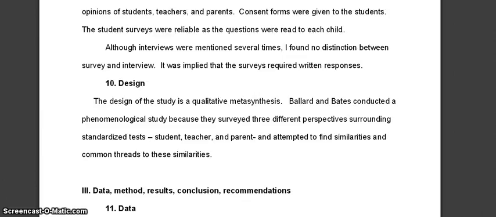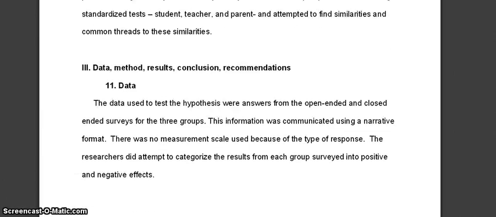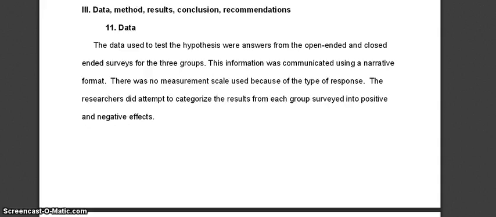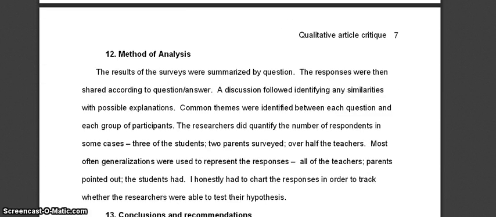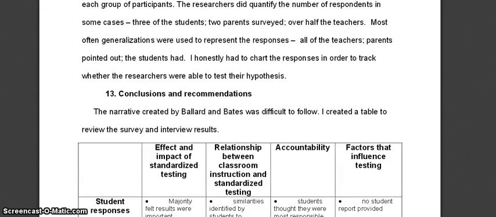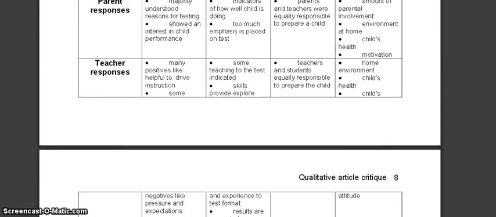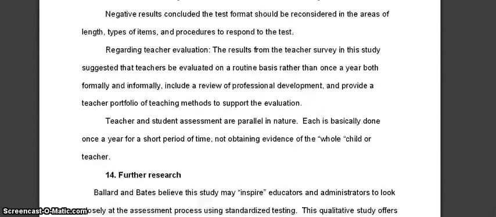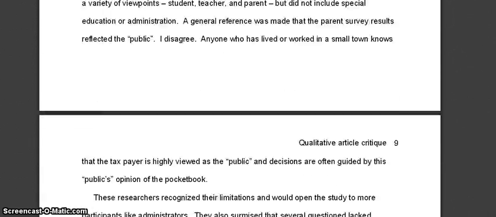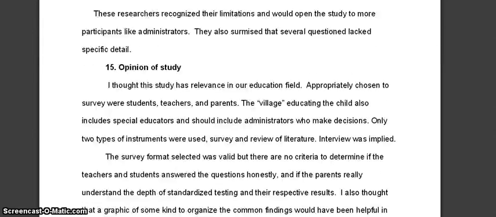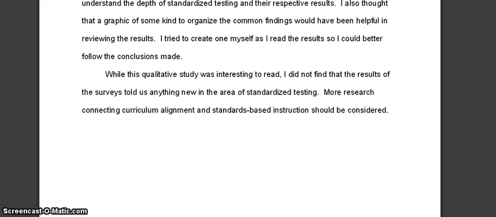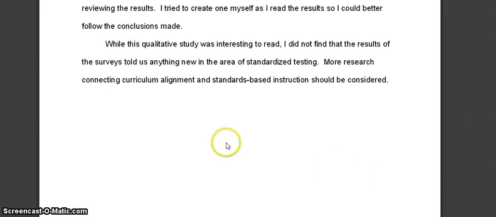The design, just, was it qualitative? Was it quantitative? What kind of data? I'm running out of time. Method of analysis. Conclusions of the article. Was further research recommended? And your opinion of the study. Stay away from I. And remember, include limitations, reliability, and validity. And that's all I've got time for.